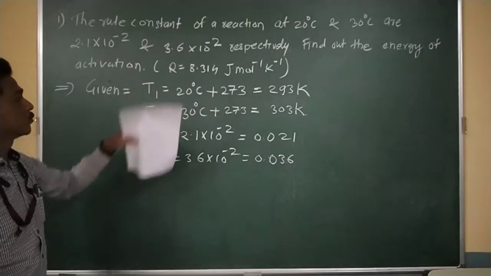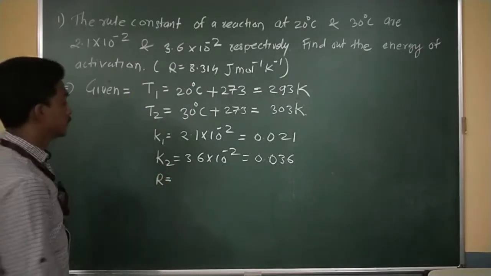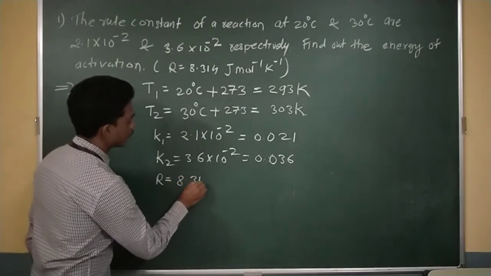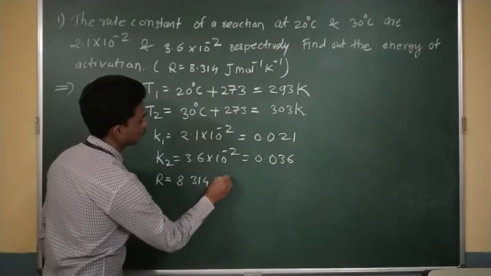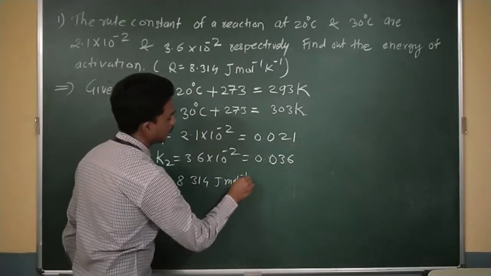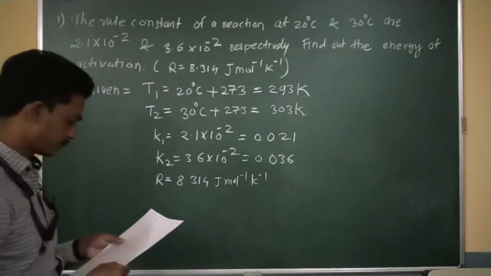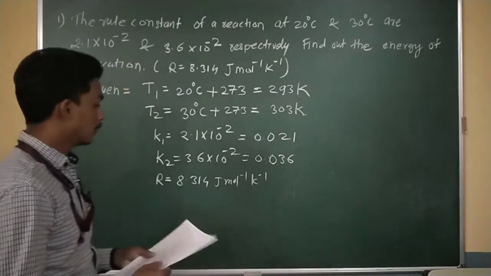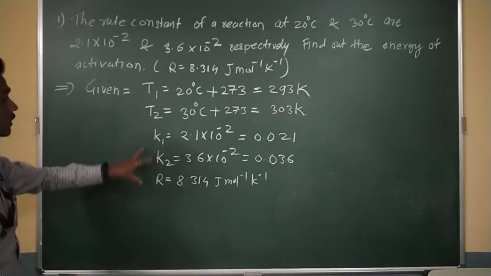Next, the given value is R. The R value is given here, 8.314 joule per mole per Kelvin. Up to this is the given data.